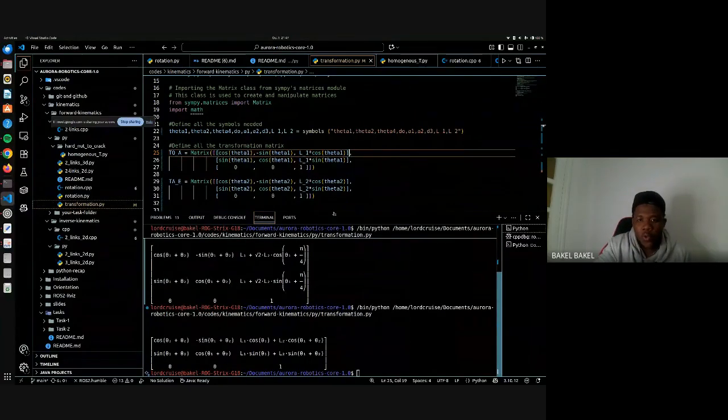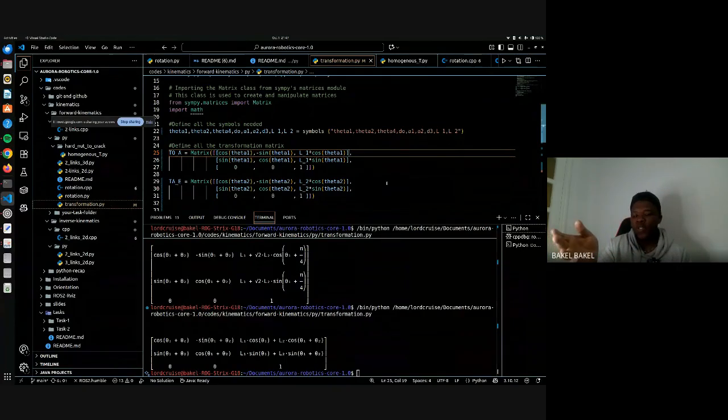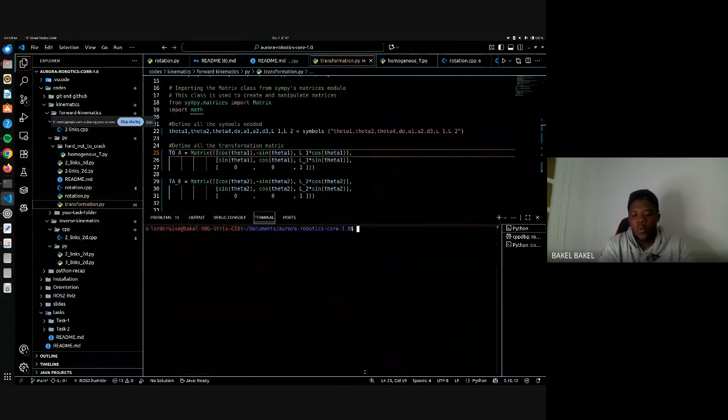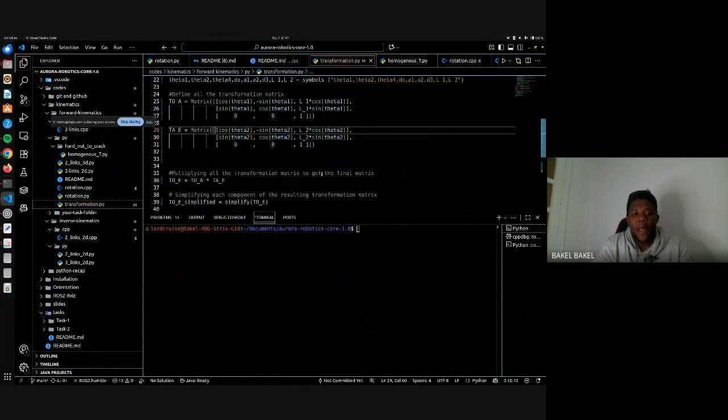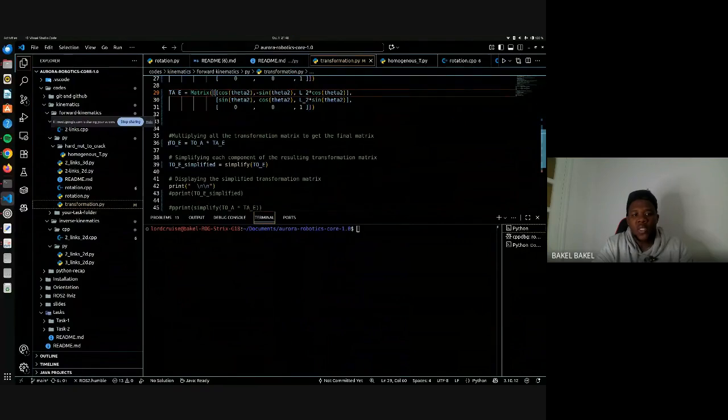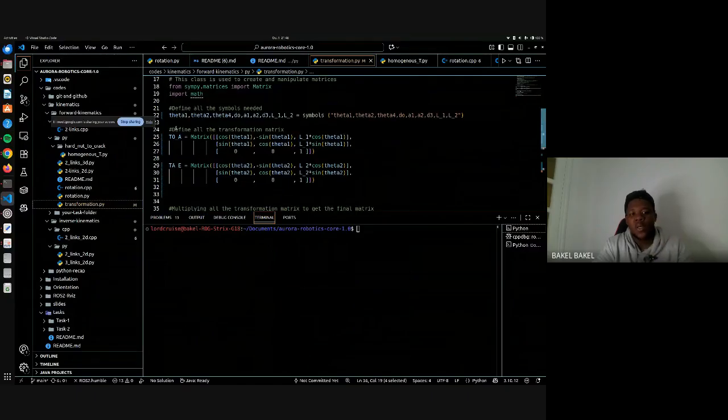It worked. So this particular code is, I did it so that you can visualize what happens when you play with different transformation matrices. And what I did, let me clear it. I know that I want to do T O to E, and I know T O to E is T O A and then T A E from what we did in class. So I just have to define my T O A and T A E. And my T O A is this matrix.